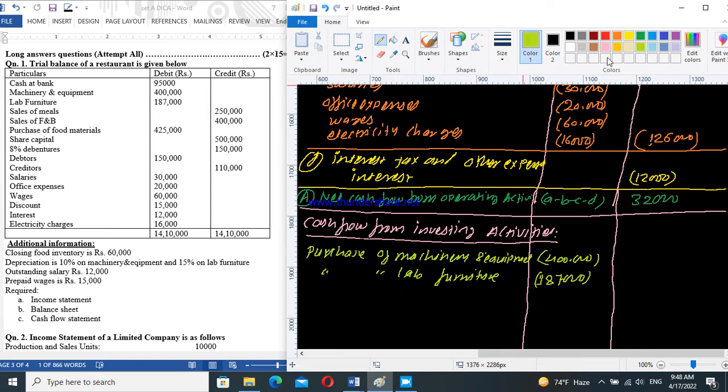Net cash flow from investing activities.